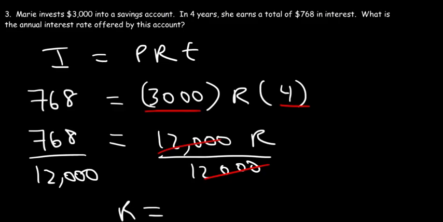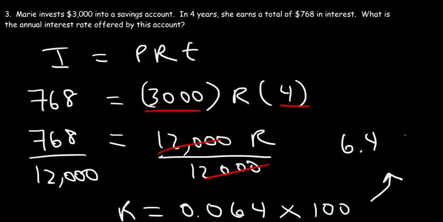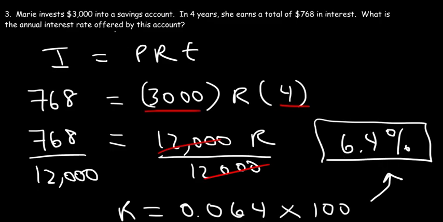So as a decimal, that's 0.064. To convert this into a percentage, multiply by 100. So the interest rate is about 6.4%. So that is the annual interest rate offered by this account.